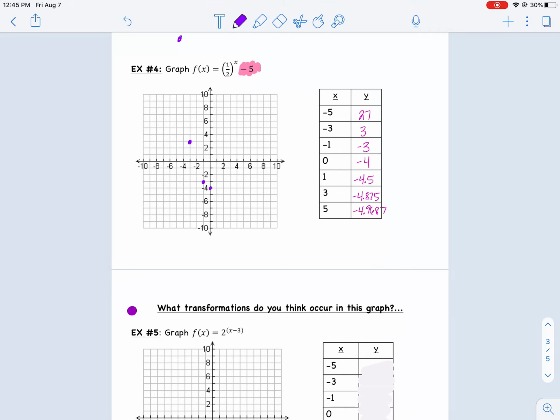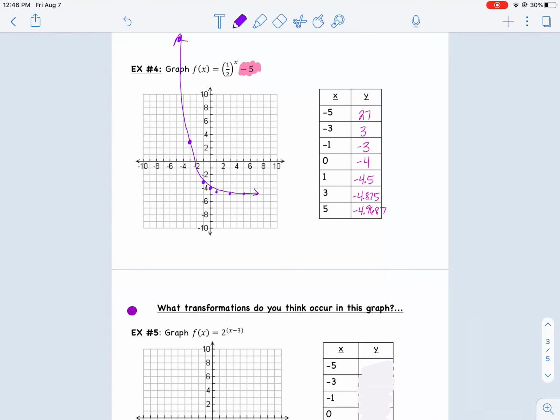I have 1, negative 4.5. 3, negative 4.875, so closer to negative 5, but not quite. I have 5, negative 4.96, so really close to negative 5, but not quite. And so kind of sketching this graph looks something like this.